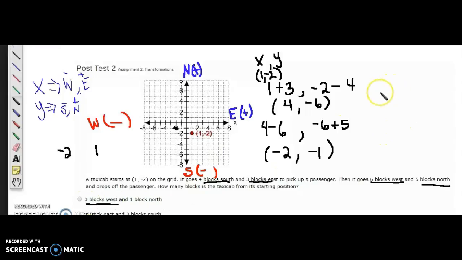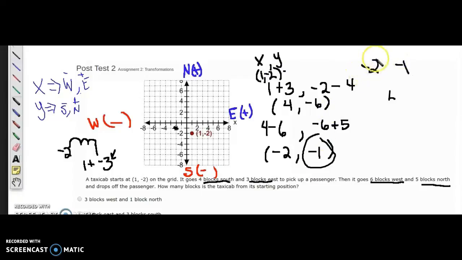And then if I start at -2 on the y and I end up at -1, what did I have to add? I added a +1.